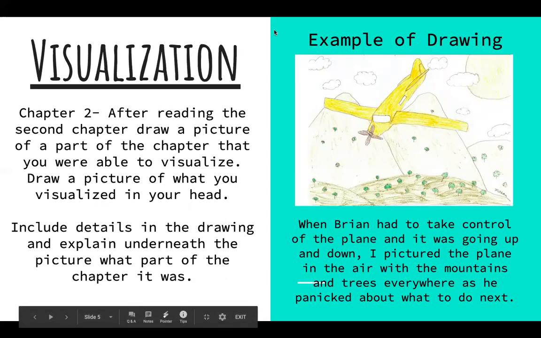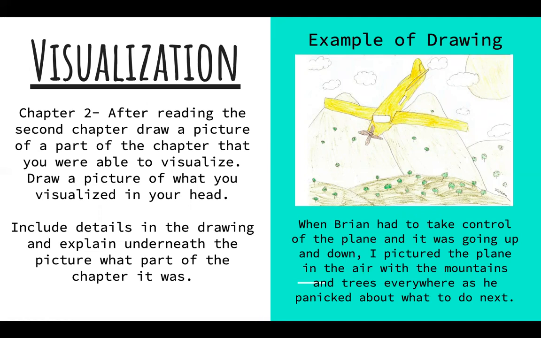Okay, and this is your 3rd task for today. So you have 3 assignments when it comes to chapter 2, and this is practicing our reading strategy of visualization. So for chapter 2, after reading it, draw a picture of the part of the chapter that you were able to visualize. Draw that picture of what you saw or visualized in your head, and then underneath your drawing, explain what the picture is, and what part of the chapter.